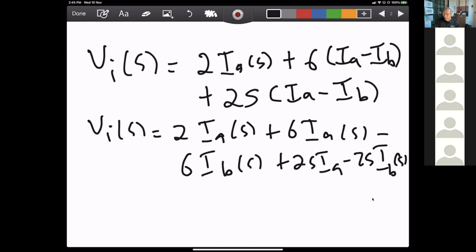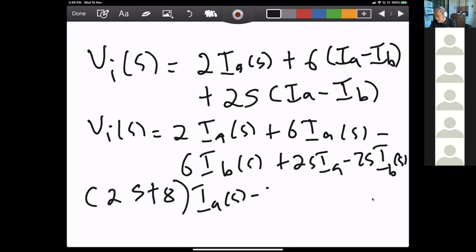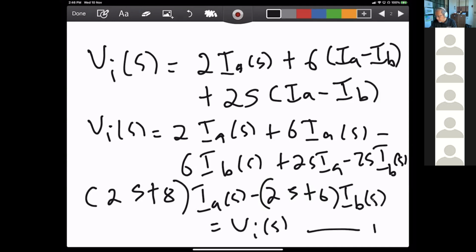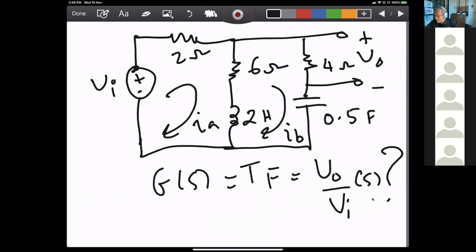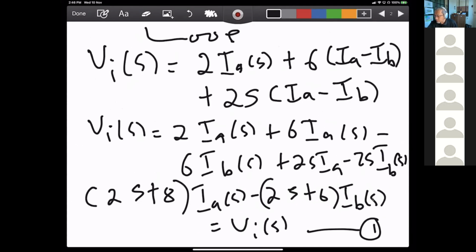Then you rearrange the equations: (2s plus 8) IA minus 2s IB equal to equation 1. That is loop 1.